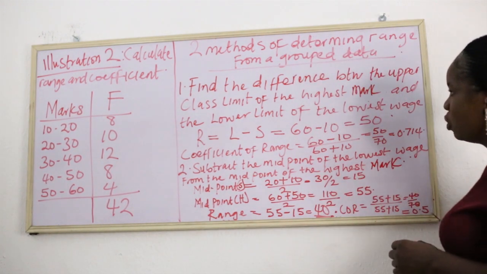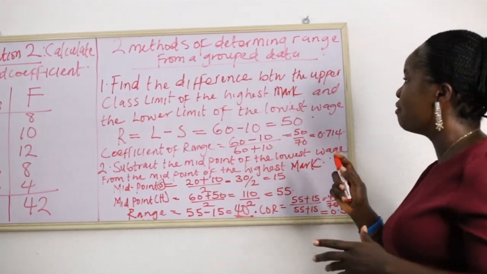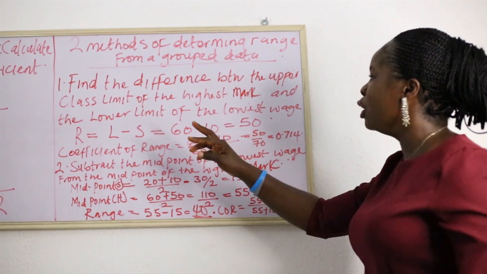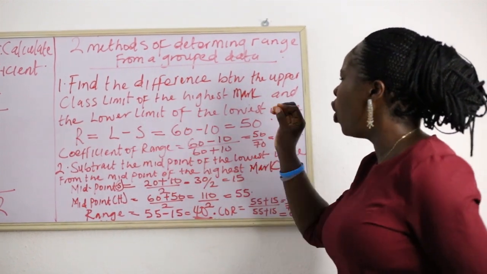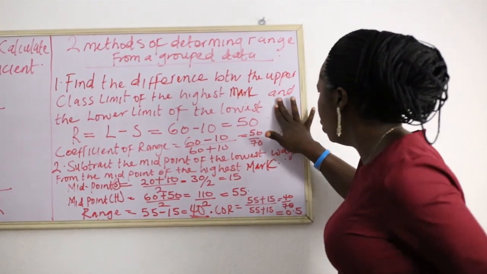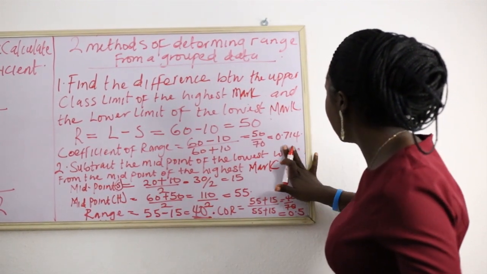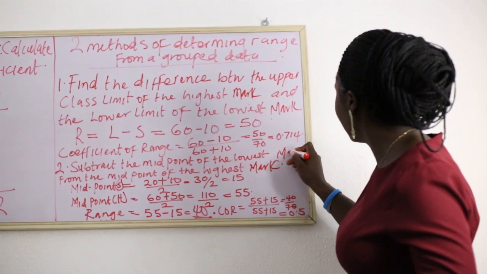So the first method is to find the difference between the upper class limit of the highest mark and the lower class limit of the lowest mark. The lowest mark, not range, not wage.